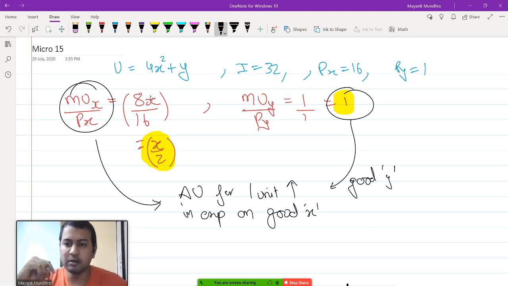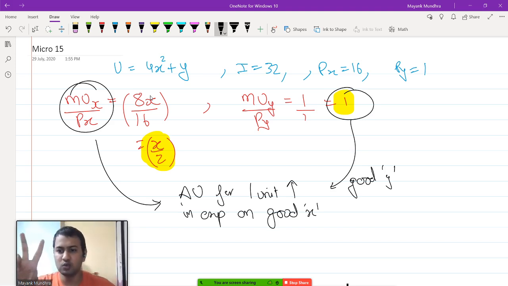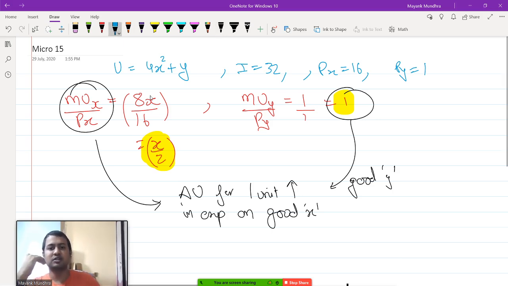Remember, in production theory we talked about the multiple plants situation. In multiple plants we said that you divide your production into plants in such a way that marginal costs in both the plants are the same. In consumer theory, we can say that a consumer divides his income between two goods when marginal utility upon price of the two commodities becomes the same.